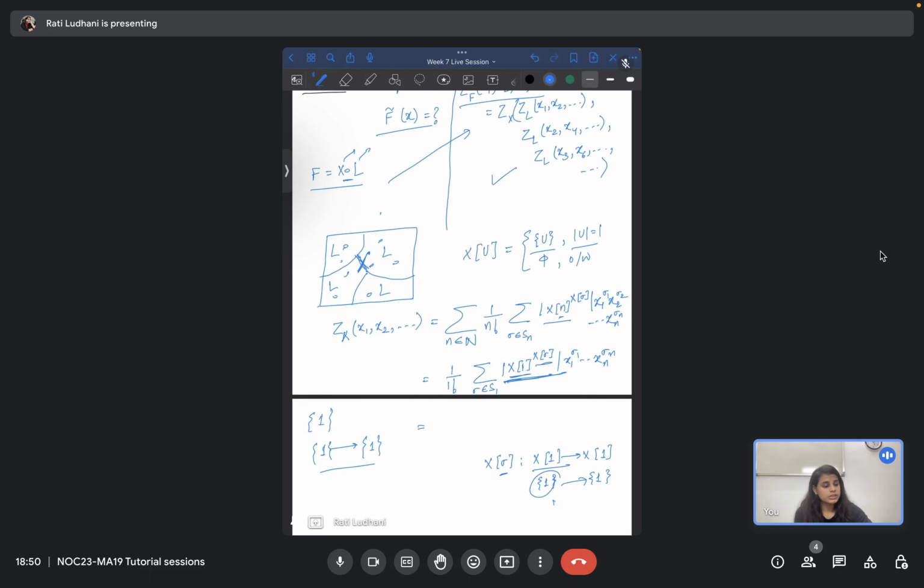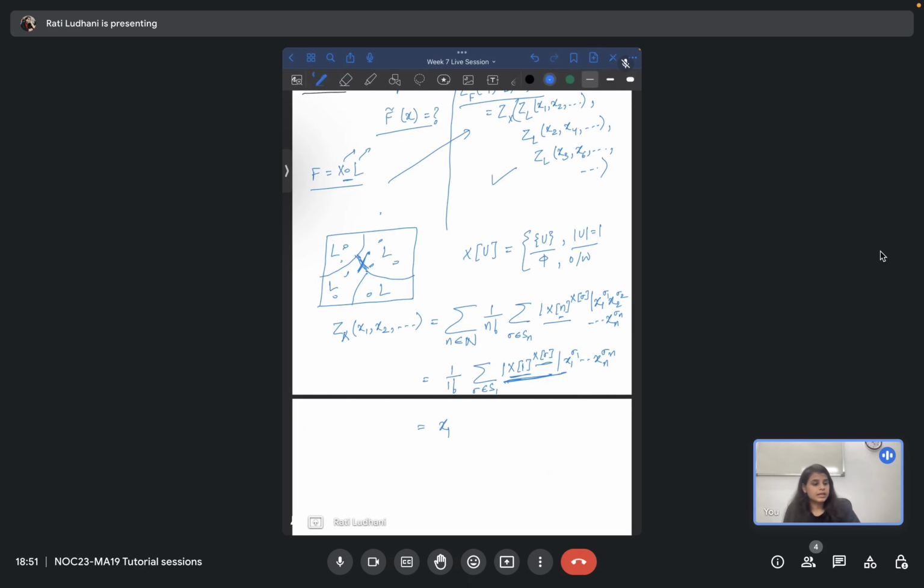And sigma has cycle length 1, so sigma 1 is just 1. So you have x1 raised to power 1 and nothing else, so we'll just get x1. Is that clear? For 1 this does not look like much, but is that clear? Yes, ma'am. Okay, so you have x1, so z of x, we are okay.